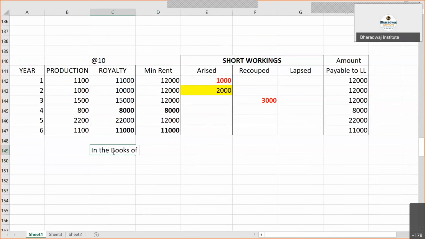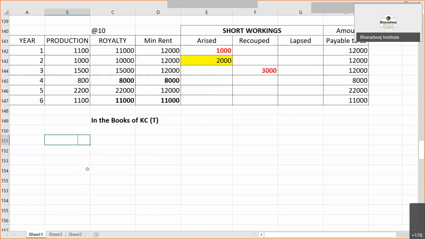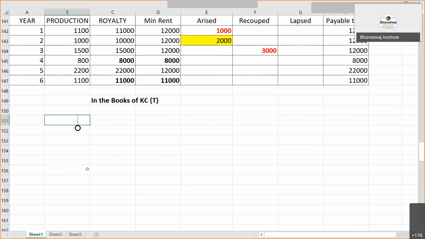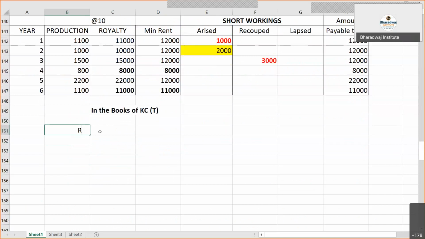Who's the tenant? KC is the tenant. If you are a tenant, what are the accounts you will be maintaining?